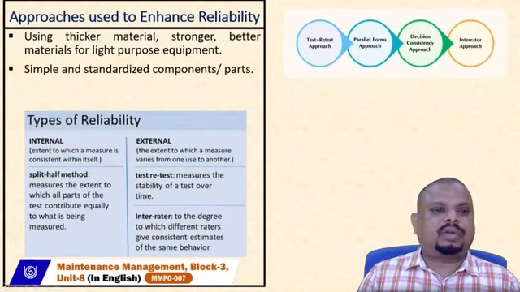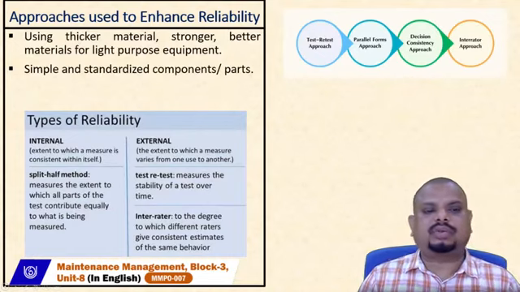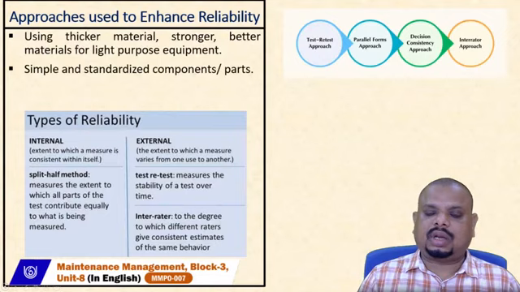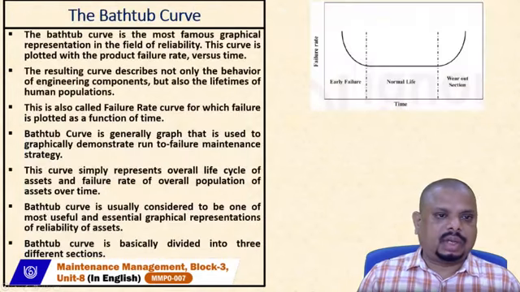The next important part is the approaches to enhance reliability. We use thicker, stronger, better materials for light-duty equipment, and we also go for simple and standardized components to reduce failures, so that the availability of the machine will be increased for a specific time period for production and operation management.